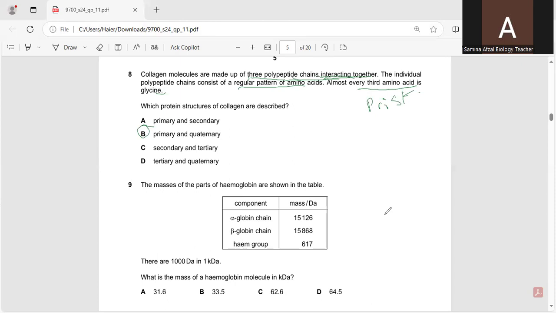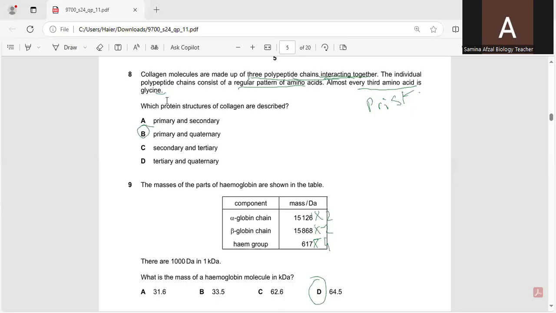Here we will multiply by 2, and it will also be multiplied by 2, because there are 2 alpha globin chains and 2 beta globin chains, and there are 4 heme groups because there are 4 chains. By multiplying them, we can get the answer, which is D. So D is the correct option for question number 9.